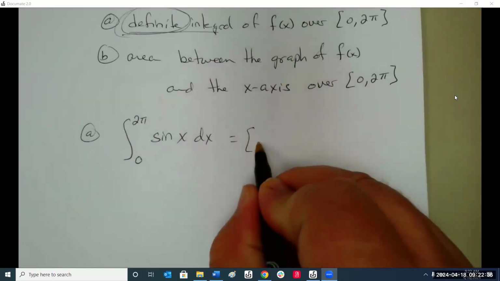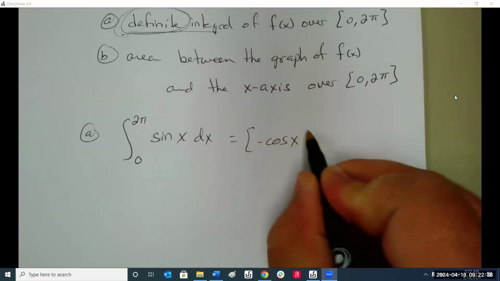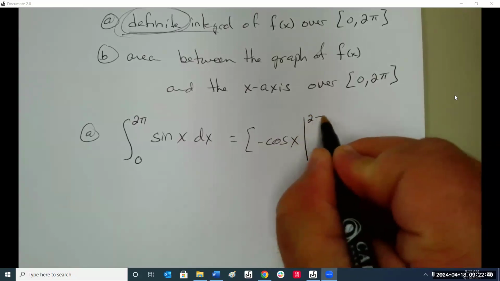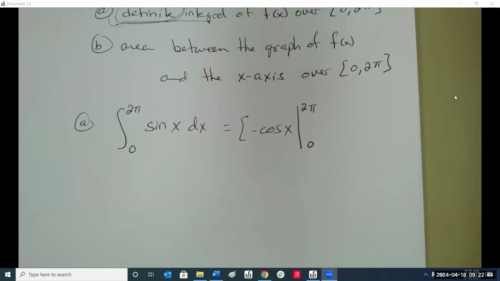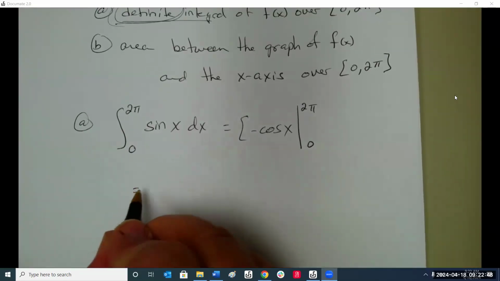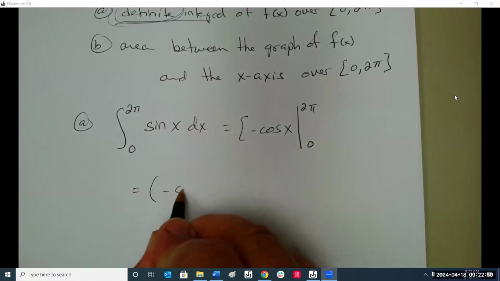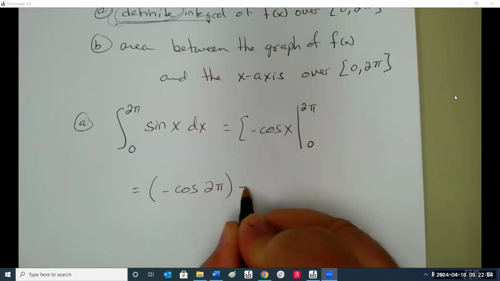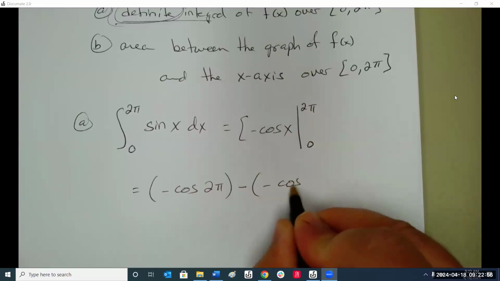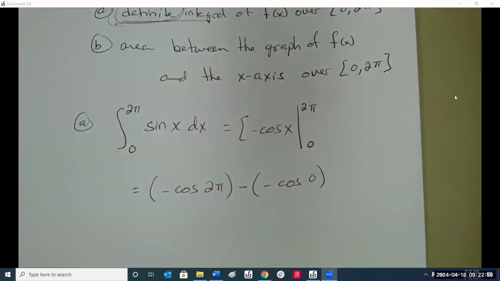It's negative cosine x from 0 to 2 pi. So from here, we take negative cosine at 2 pi minus negative cosine at 0.